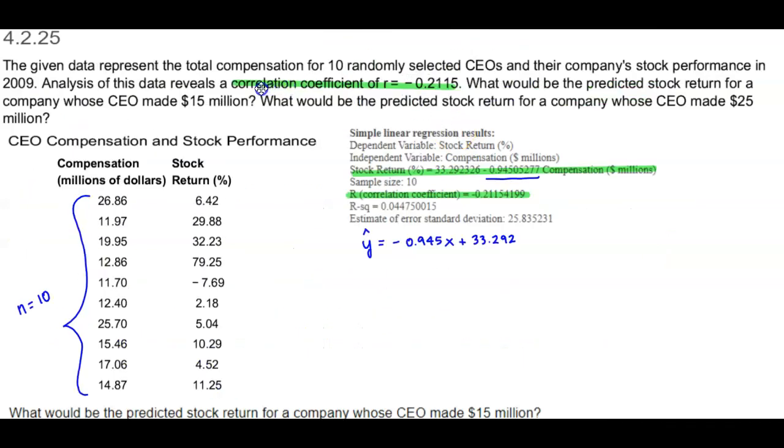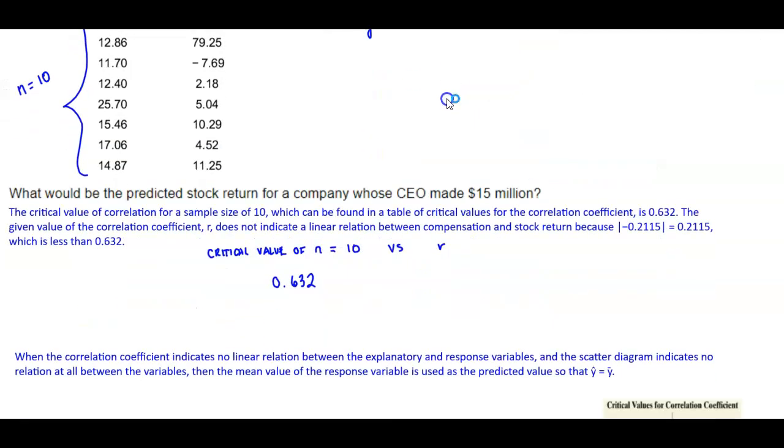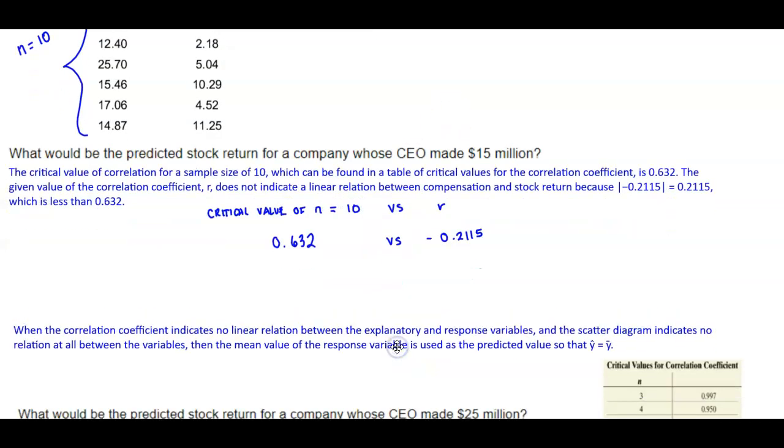Then we want to compare it to r, which is the correlation coefficient from the problem, negative 0.2115. So in this step we need to compare.